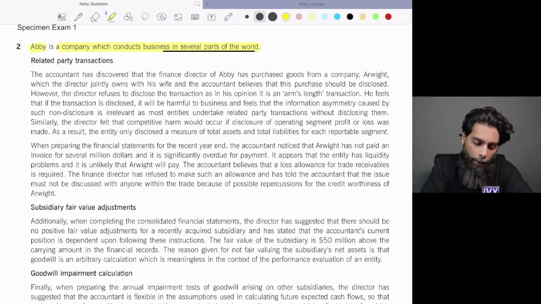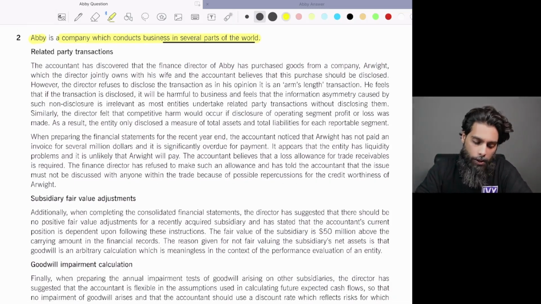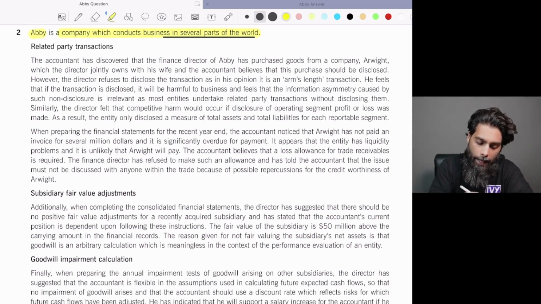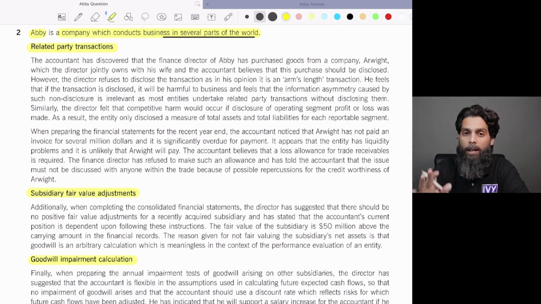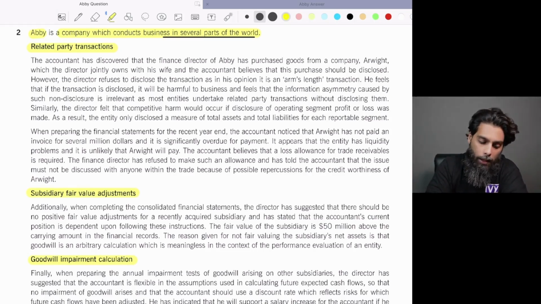All right. So how the examiner has given this question to you is, the examiner has created certain paragraphs, and each of these 3 paragraphs is given a certain heading. So it's very clear what the accounting implications are that you need to discuss. You need to discuss related party transactions.